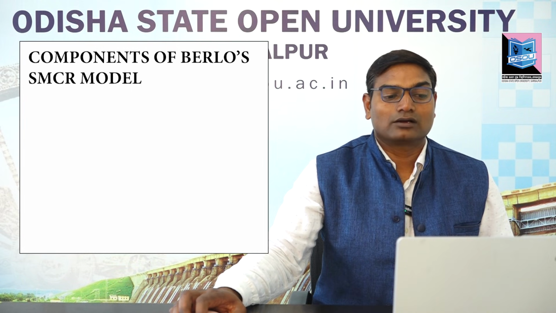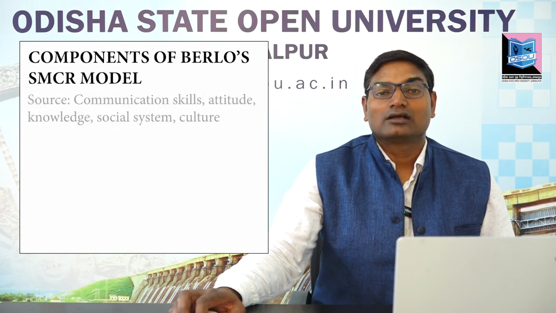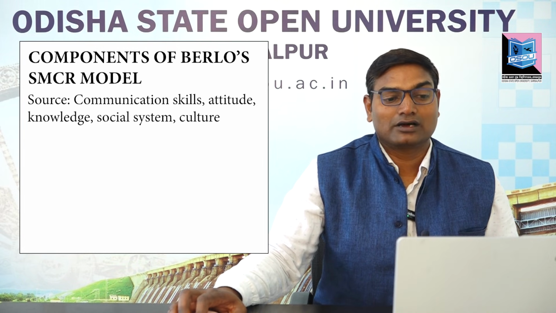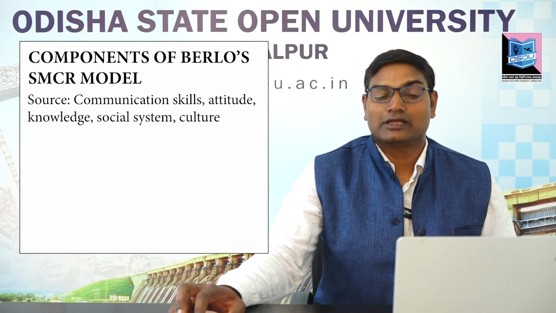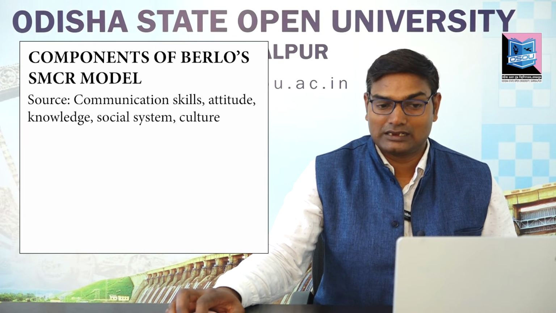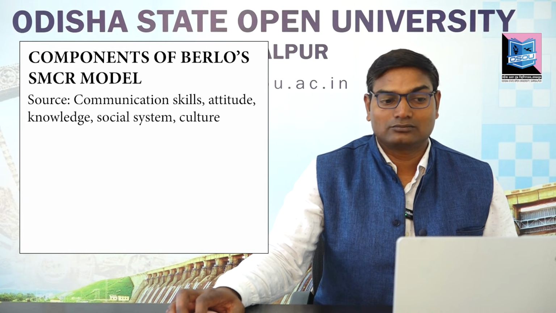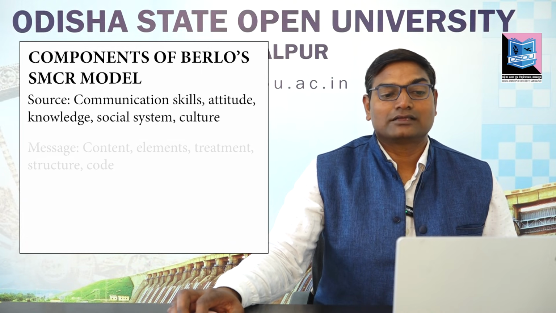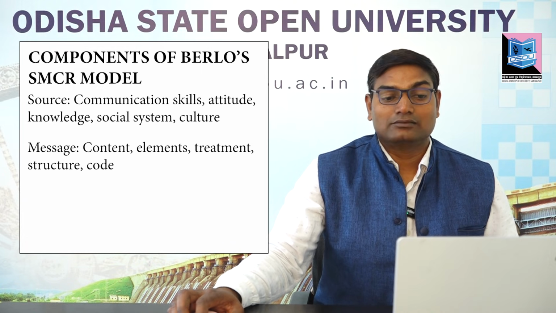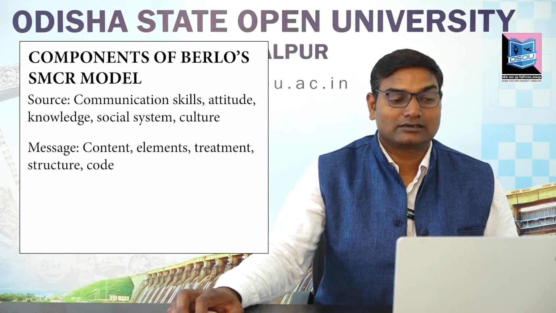Components of Berlo's SMCR model. The source and receiver both include factors like communication skills, attitude, knowledge, social system, and culture. The message includes elements such as content, treatment, and structure.